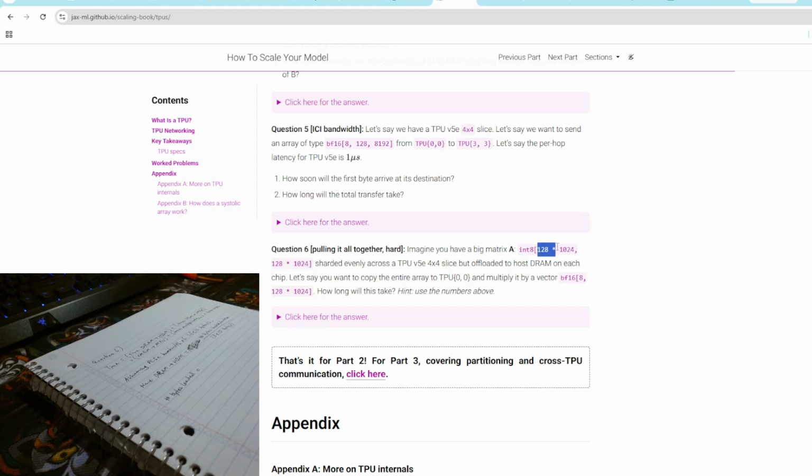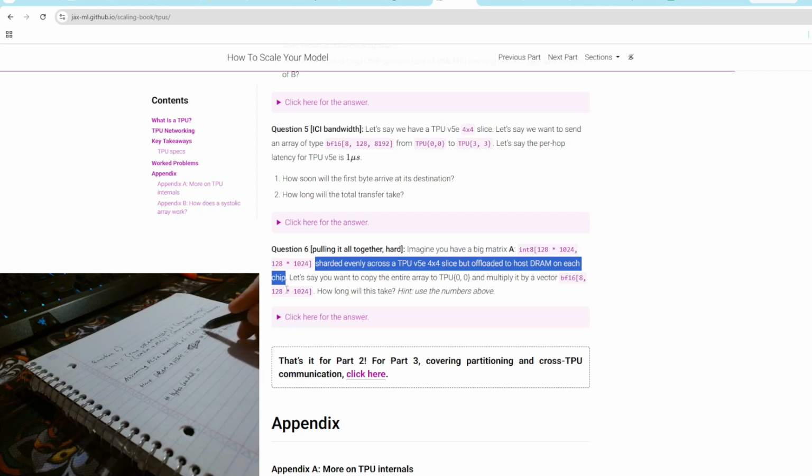I wonder why they wrote it like that, 128 times 1024. But it's also sharded evenly, but offloaded to host DRAM on each chip. So I think that just means that we can basically use this number instead of this number times the number of chips we have.